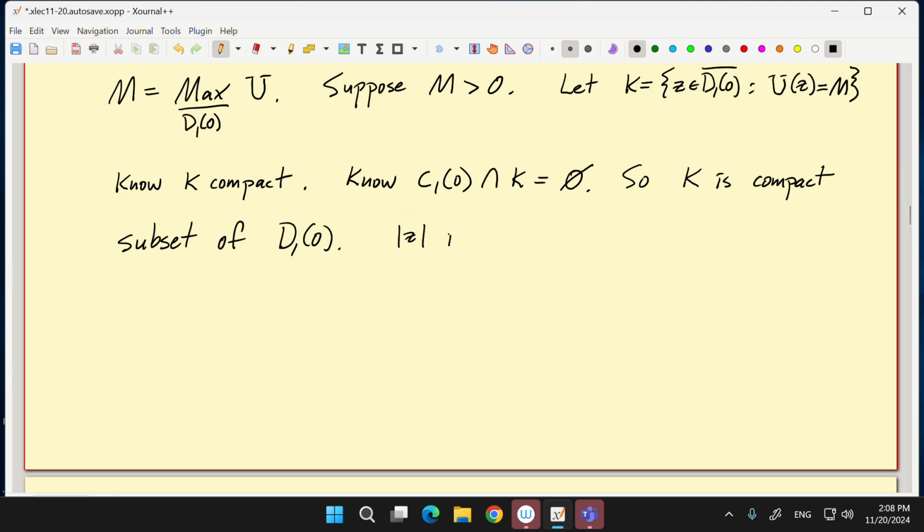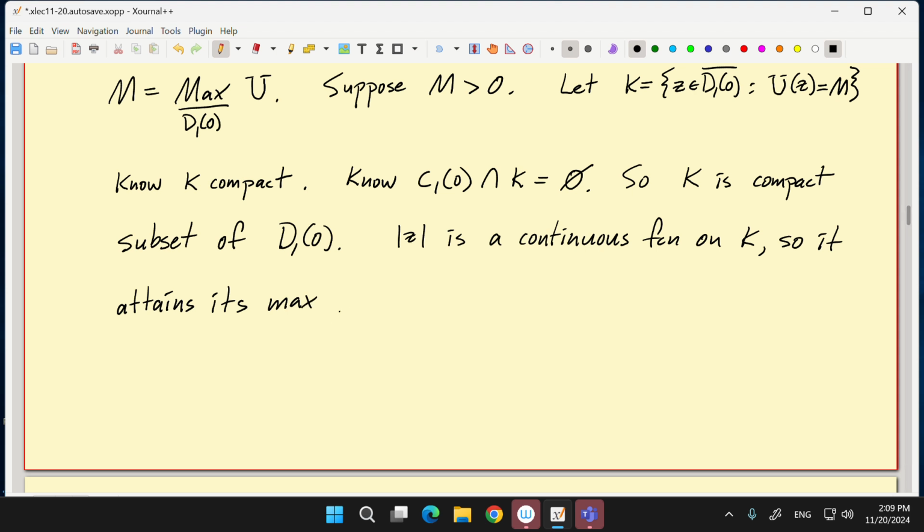The modulus of z is a continuous function on that compact set, so it attains its max. Let's call it Rm, for R max. It attains its max Rm at a point z naught in K.